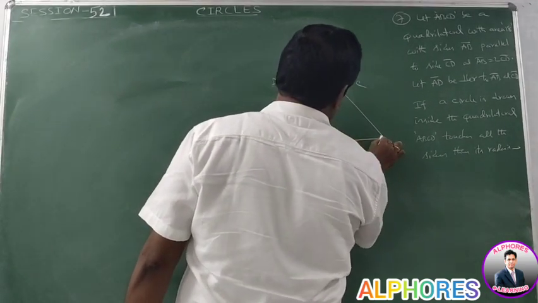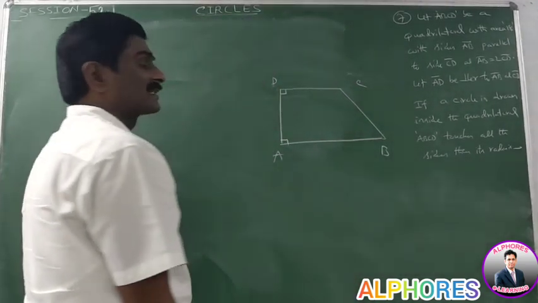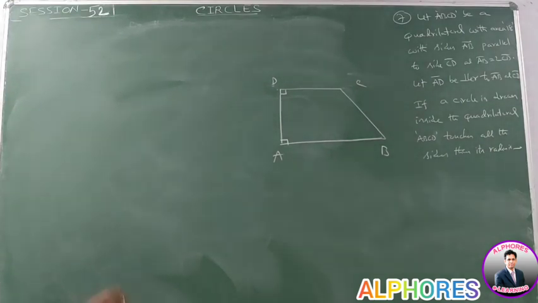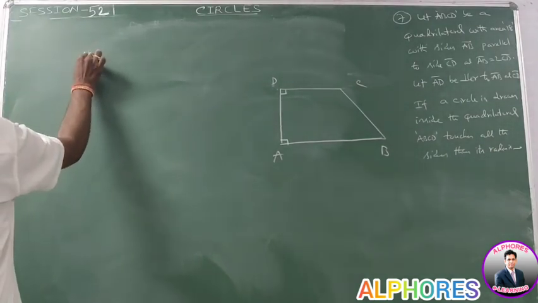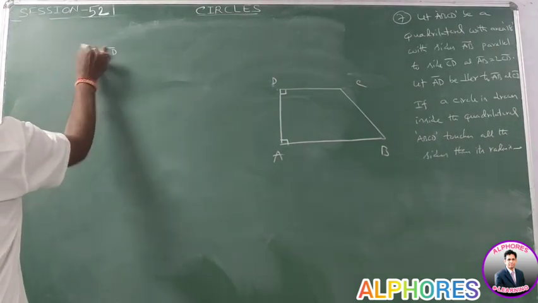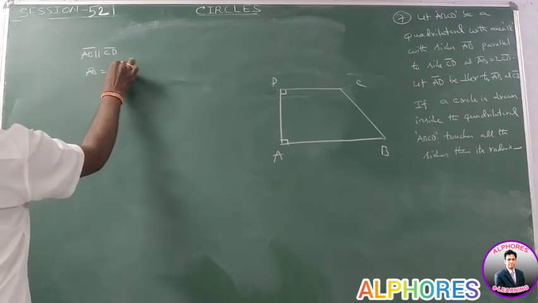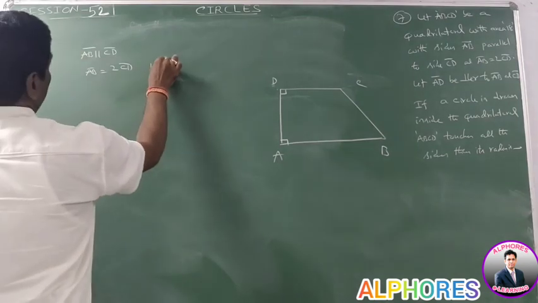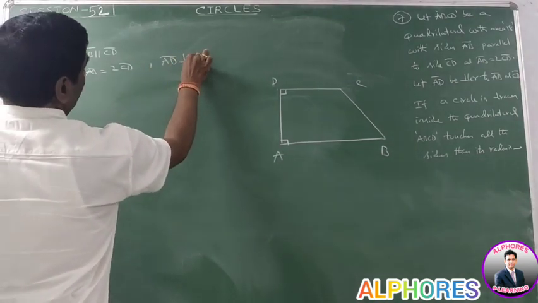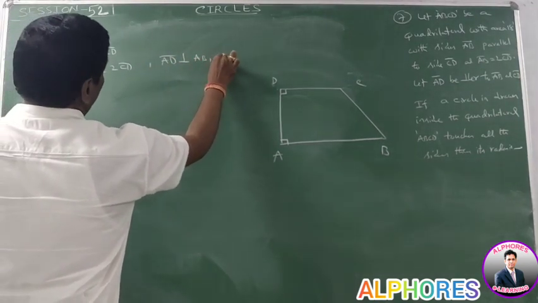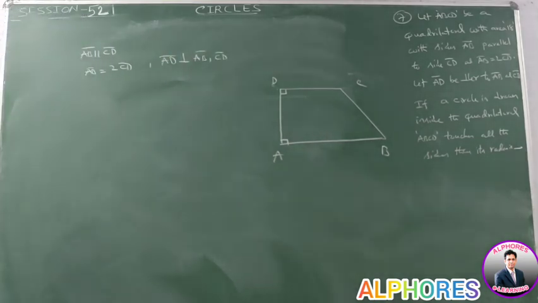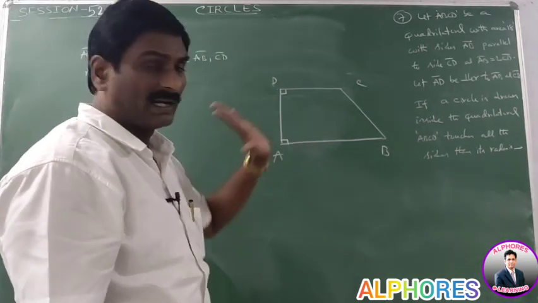The quadrilateral is in this way. Please observe this diagram. ABCD is the quadrilateral. AB parallel to CD, and AB is equal to 2CD. These are the conditions, and at the same time, AD is perpendicular to both AB and CD. These are the given conditions. By using these conditions, I draw a quadrilateral.